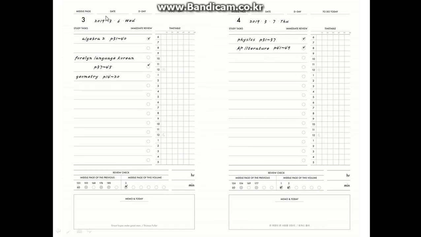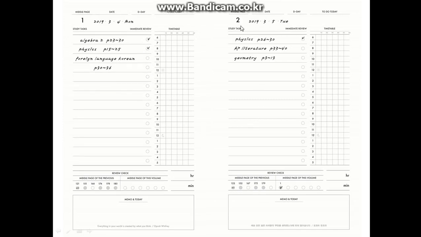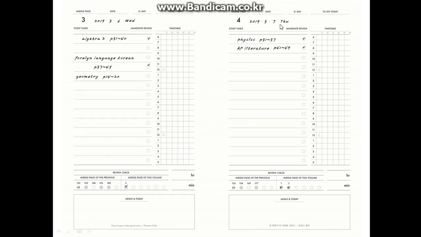And the next is the same: the date and lesson, and mid-review. And the review is middle page number 2. So you go to the middle page number 2 and review the lesson that is written there. The next date, lesson, immediate review, and the review to do this day is 2.